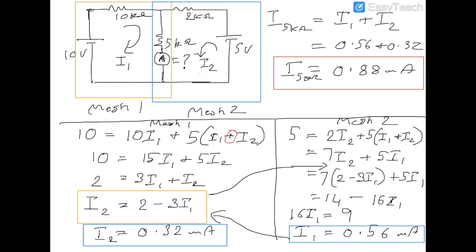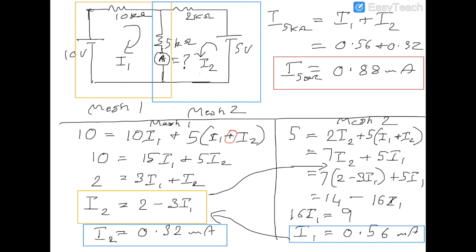You can get two sets of equations and solve them using your calculator to get values of I1 and I2, or you can find the value and substitute it in the other mesh and get the value. And it's a lengthier process, but it's something that you do not need to. What I do on my calculator, I cannot show you that. All right. So I got my I1, I got my I2, and if I add them, that is it.